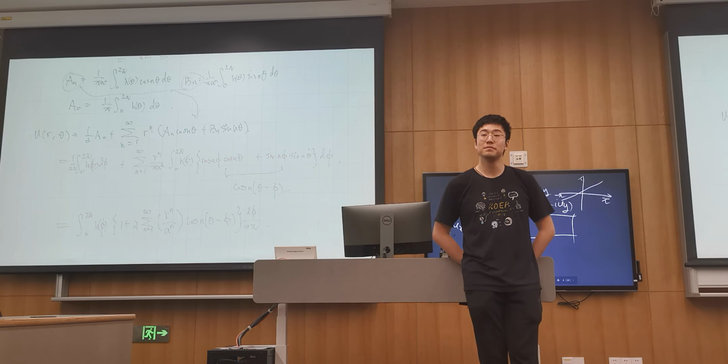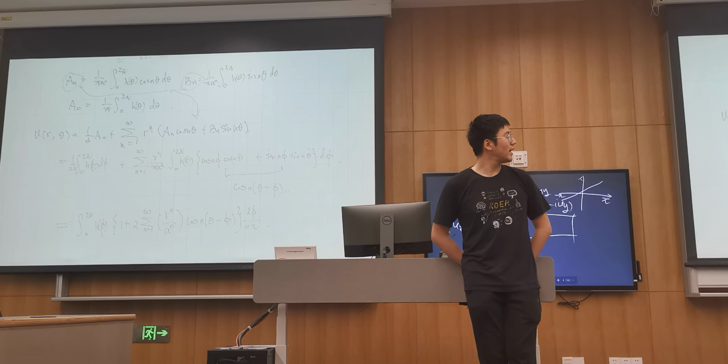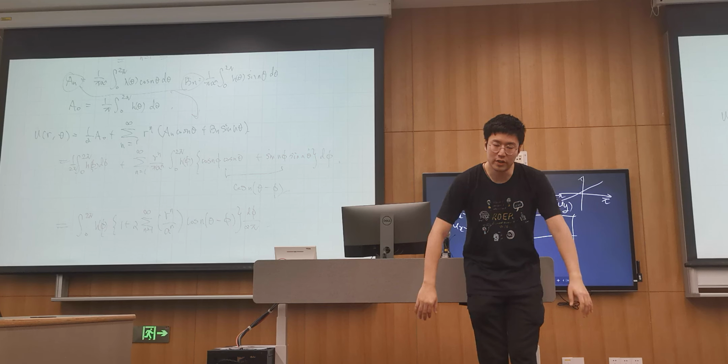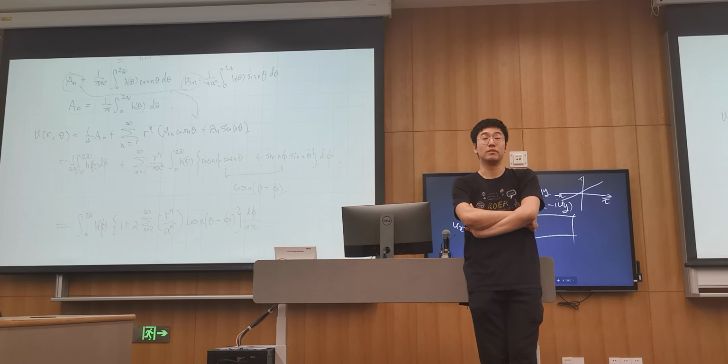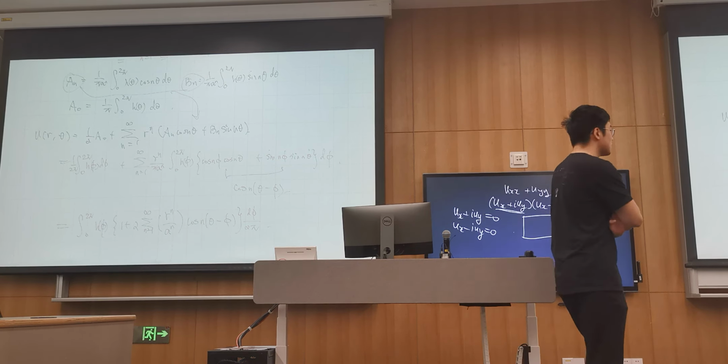Can we rewrite cosine n(theta minus phi) into a geometric sequence? We learned that exactly at the beginning of 5.5, in step number 1 when we were trying to prove the pointwise convergence of the Fourier series.